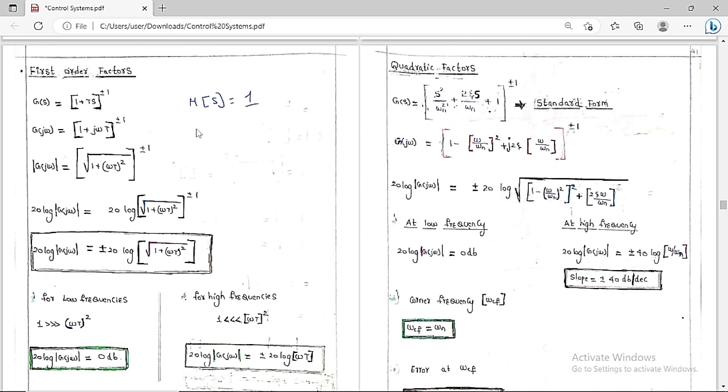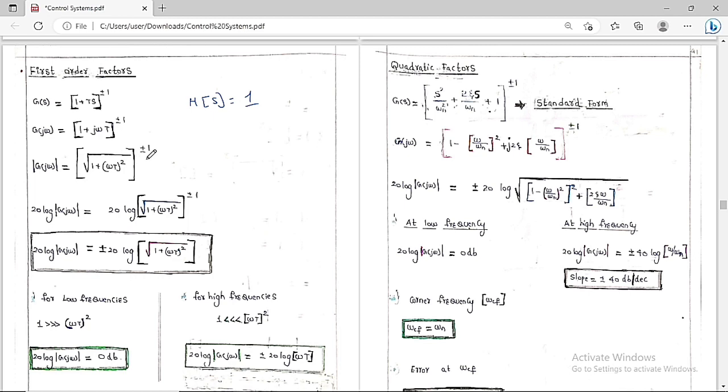Then in place of s I substitute j omega, we are going to get G(j omega)H(j omega) is equal to (1 plus j omega T) over the power of plus or minus 1. Then I want to know what is the magnitude part. So the magnitude of G(j omega)H(j omega) is equal to the square root of (1 square plus omega T whole square) over the power of plus or minus 1.